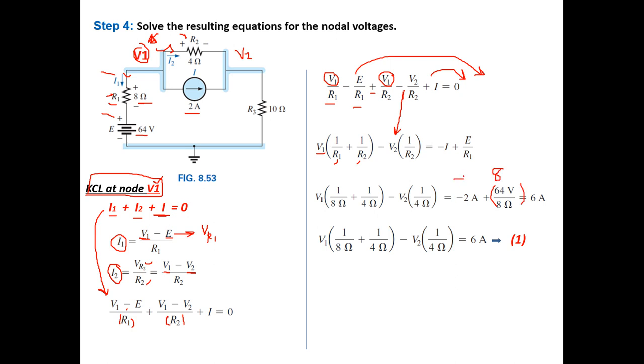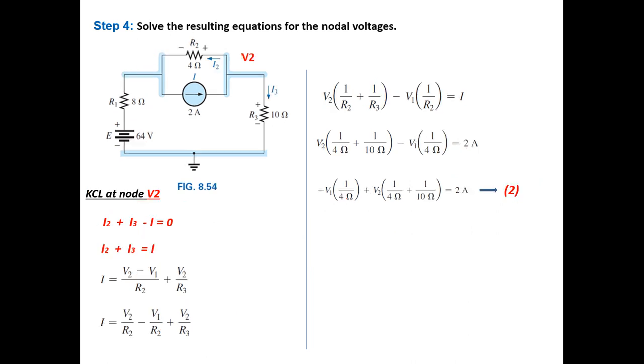So -2 plus 8, the remaining is 6. Okay, you do not need to put the units here. No need. It's already clear. So this is my equation number 1, the equation that relates to node number 1, which is V1.